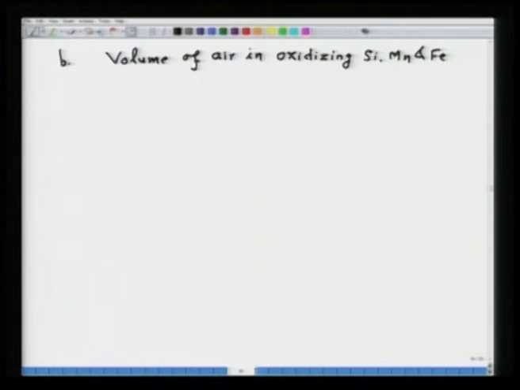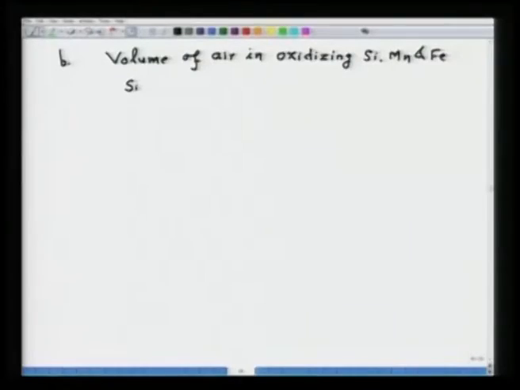Now, we can calculate the volume of air in oxidizing silicon, manganese and iron, because during melting of pig iron, some oxidation of the elements takes place.